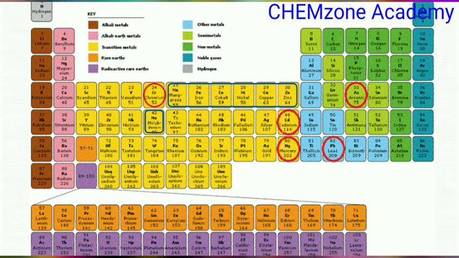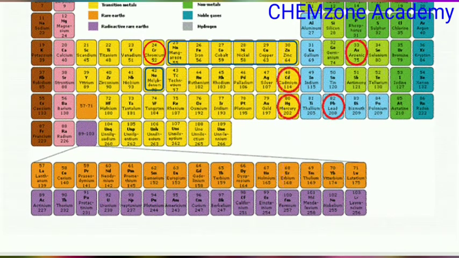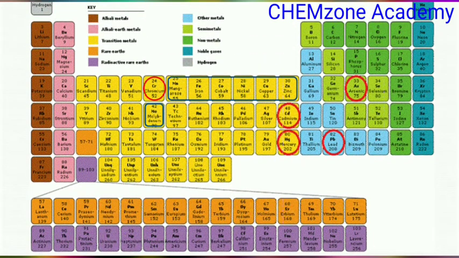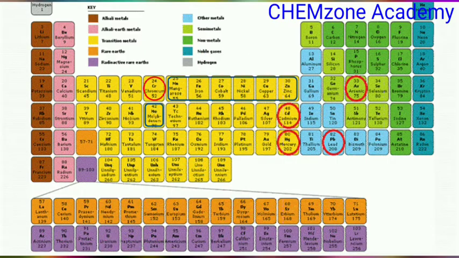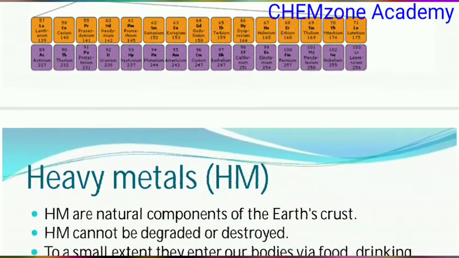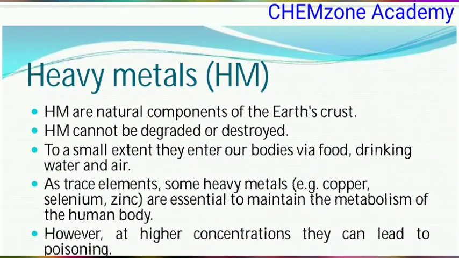Keep this in mind also. It is important, and some of them are from manganese to zinc: manganese, iron, cobalt, nickel, copper, and zinc. Keep them in your mind because we study these metals in our next lecture, or even some of them over there.